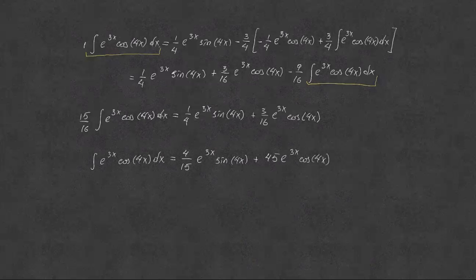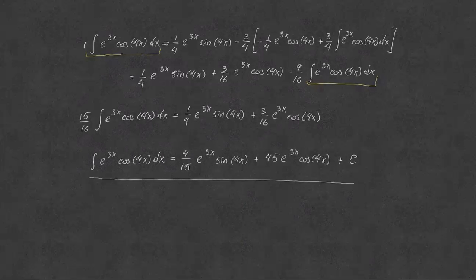And take into account that we need a general antiderivative, so we need to add plus c at the end. And this is going to be our final answer to our integral. So this is the result that we want to get.